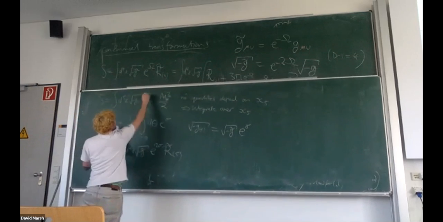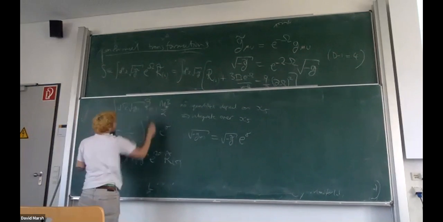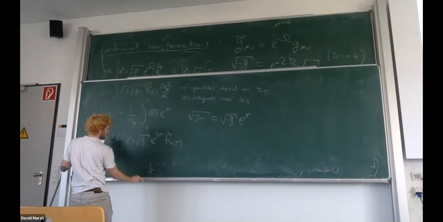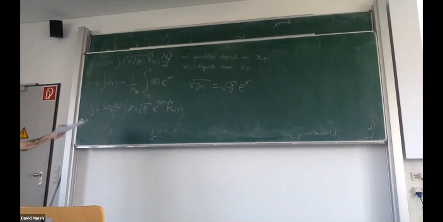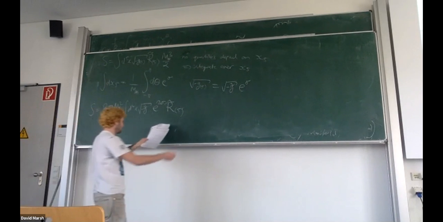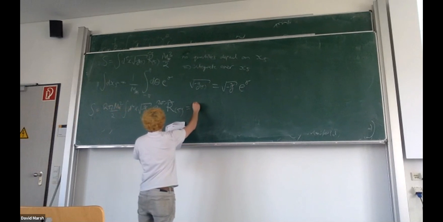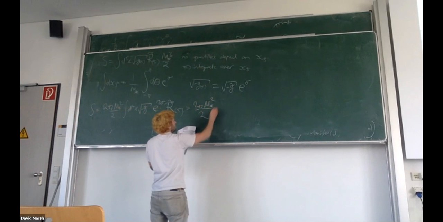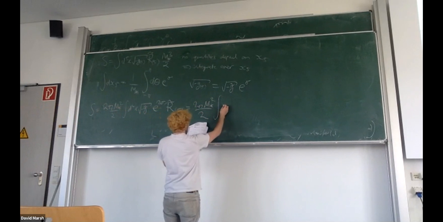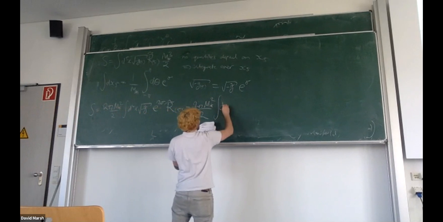I should keep my tildes. Remember that we're in tilde coordinates at the moment. And then I just substitute in the result that I said we needed for that. This is just equal to 2 pi times the d-dimensional Planck mass squared over 2 times the integral d4x.